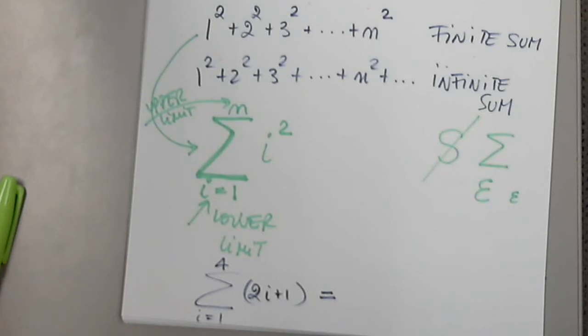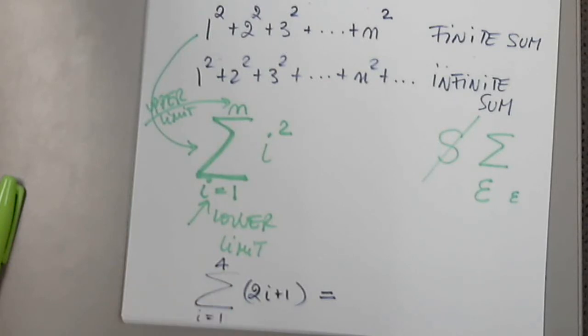Let's do this together. When I is 1, how many terms will I get? 1. When I is 2, I get 1 more term. When I is 3, I get another term. When I is 4, I get the 4th term.